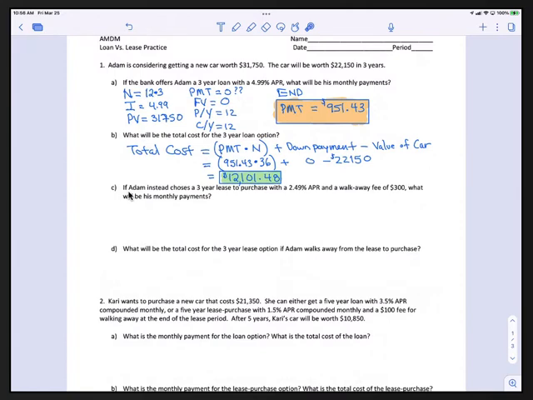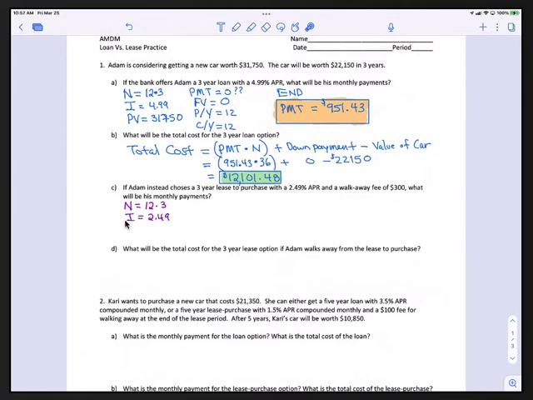Okay, part C. If Adam instead chooses a 3-year lease to purchase with a 2.49 APR and a walkaway fee of $300, what will be his monthly payments? All right, well, first we need to figure out the N. We're going to be putting this in the TVM calculator, so N is 12 months times 3 years.